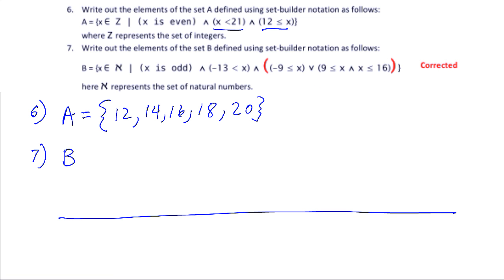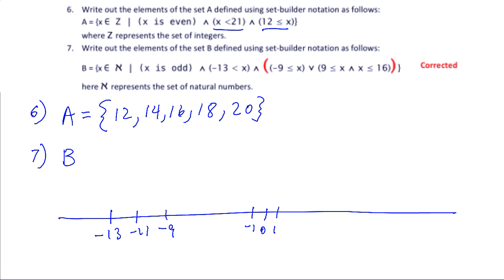Okay? And so first of all, x is odd. x is greater than negative 13. So let's try to start sketching this out. Negative 13, here's negative 11, negative 9, up to negative 1, 1. Here's where 0 is.